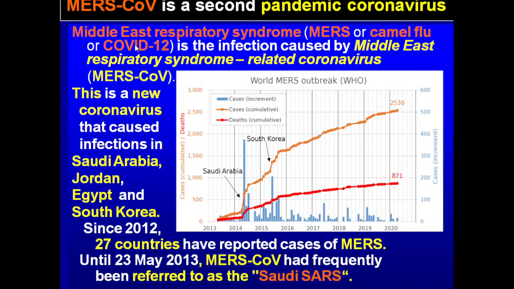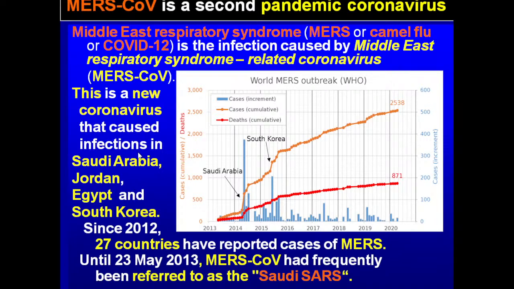So this is the infection COVID-12 caused by Middle East Respiratory Syndrome related coronavirus. MERS-CoV was also a new coronavirus that caused infection mainly in Saudi Arabia. Initially, it had been called Saudi SARS before it was differentiated from SARS. Saudi Arabia was most severely affected. Then it also caused infections in Jordan, Egypt, and South Korea.